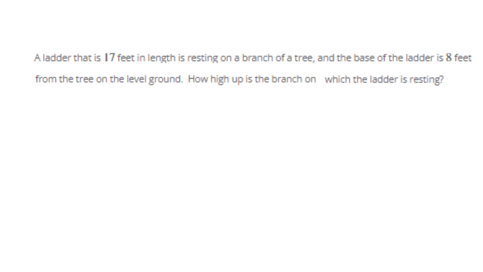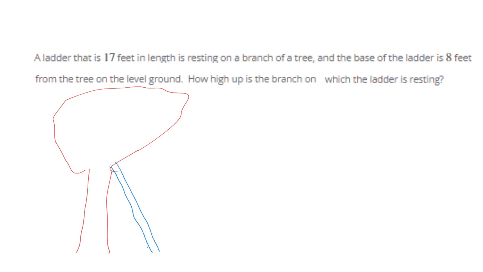All right, so I'm going to go ahead and draw that. And I have my ladder. I'm just going to put it at the lower part of the tree, just like right here is my ladder leaning against it. All right, so it looks like this. There's my ladder.